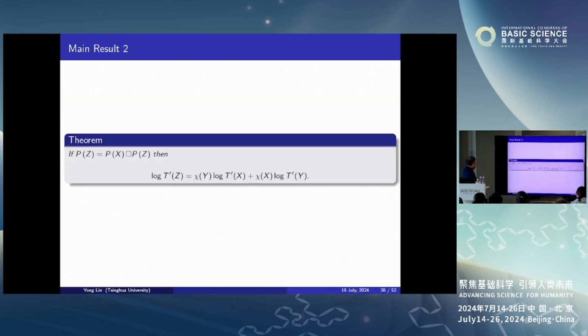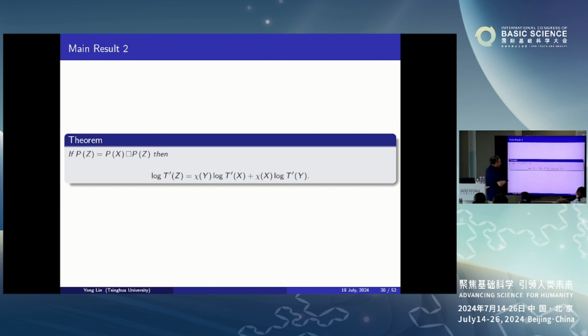And we can prove that for the product space, with the normalized inner product, we have this formula for the normalized torsion T prime of the product.